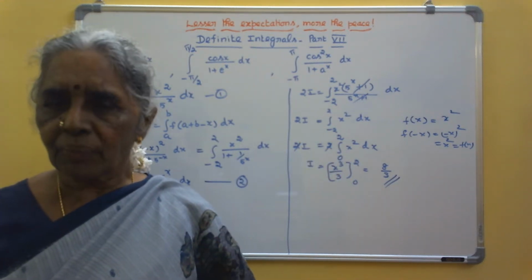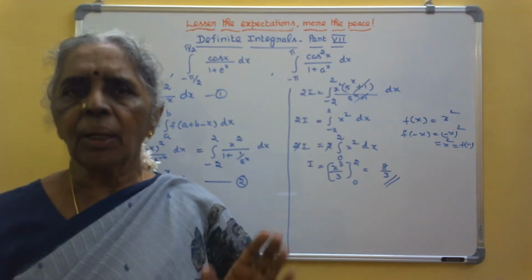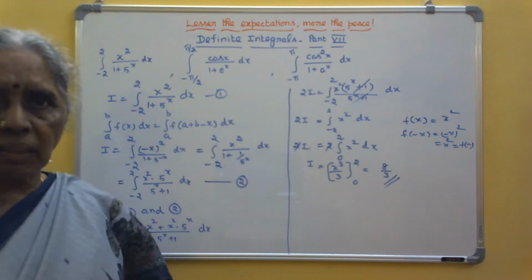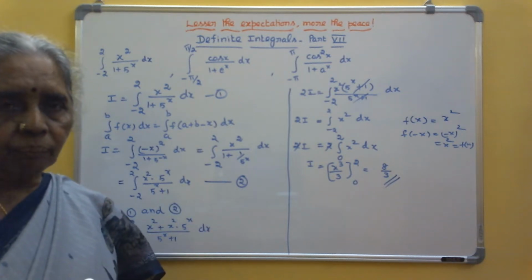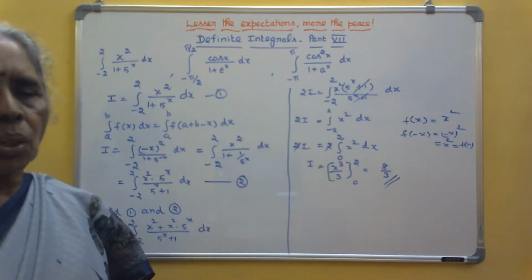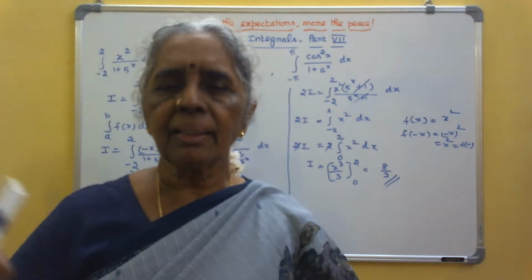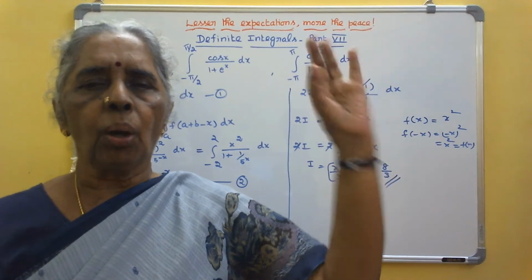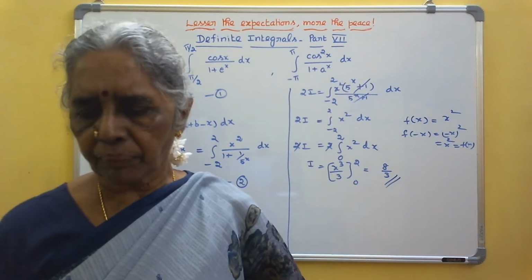Is it clear? So I hope surely you will be able to do the second sum and the third sum yourself, so that this model will be clear to you, so that you will not be mistaken when you see the limits. We have to use only that property, odd function, even function. Okay.